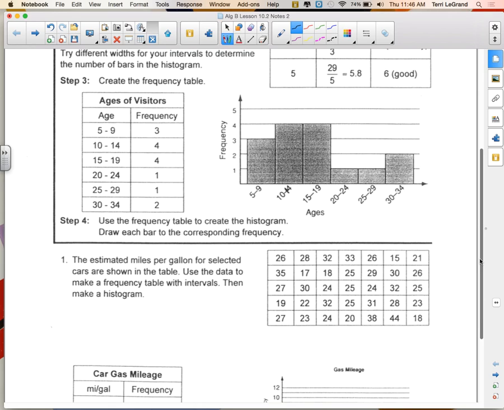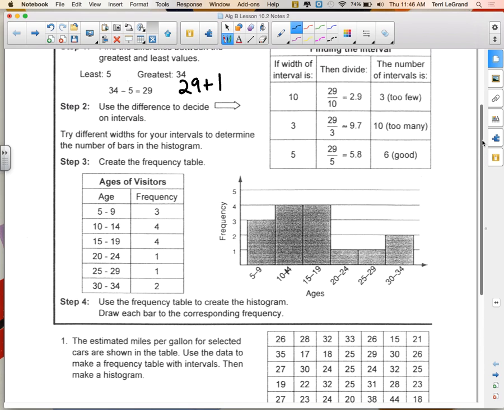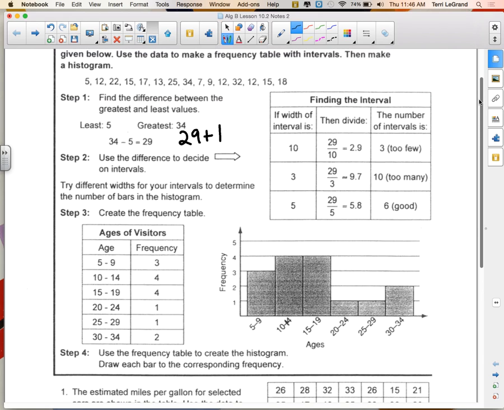And then where do we get the frequency from? Where did that frequency come from? So it said if the visitors were age 5 to 9, the frequency was 3. What are they talking about? Where'd they get that 3? There's 3 ages in that list, in that interval. So let's go find them.